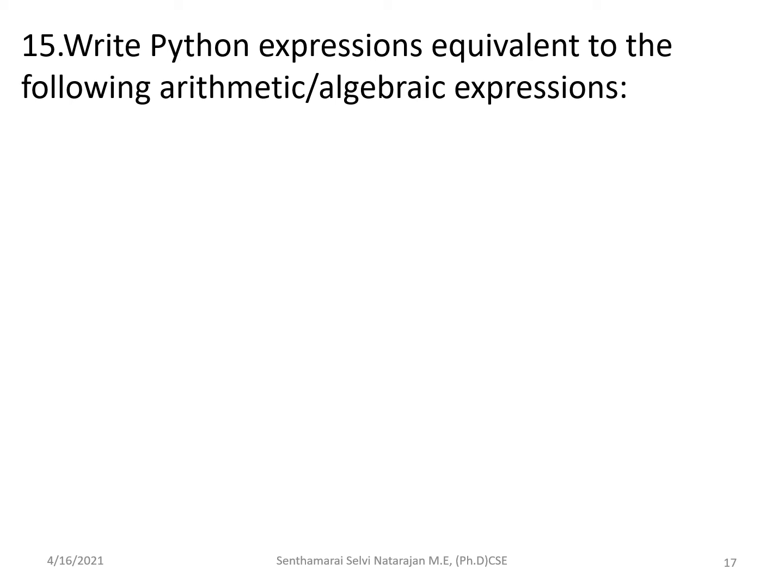Next we have to write the Python expressions equivalent to the arithmetic and logical expressions. In this first expression they have given a plus b by 2. So after performing the addition operation, you have to do the division operation.